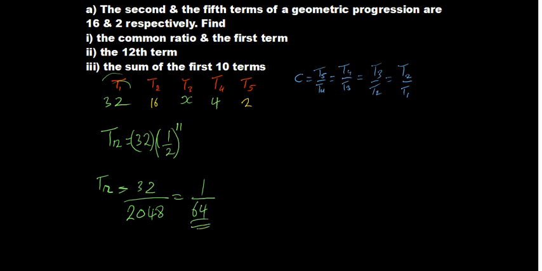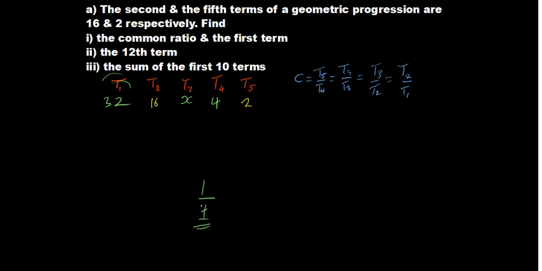So going to the last part, which is the sum of 10 terms. There are two formulas for the sum of a given series of numbers. In this case our common ratio is 1 over 2, which basically means that our value of r is less than 1. So the sum of the 10 terms is equal to a, the first term, open bracket, 1 minus r to the power n.